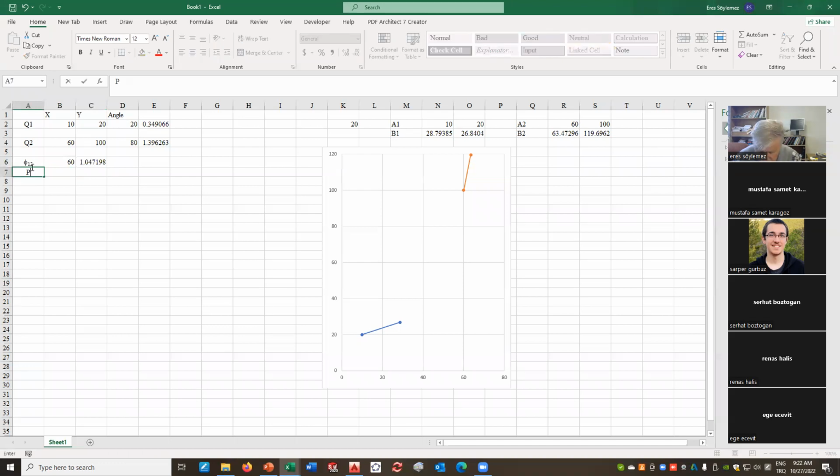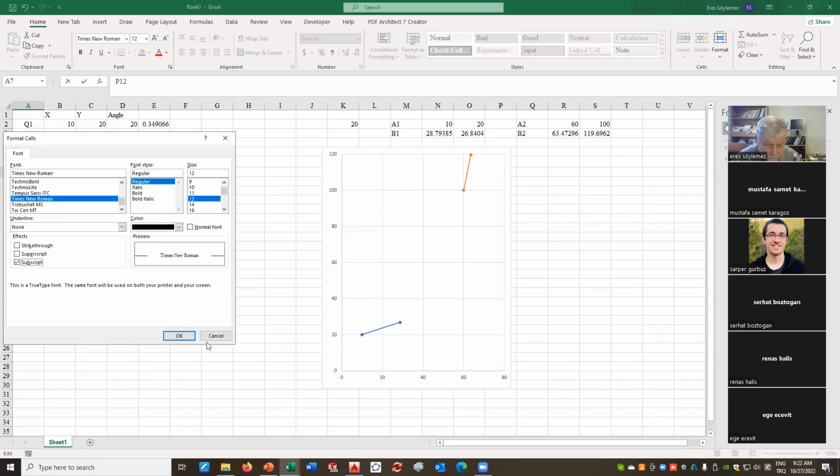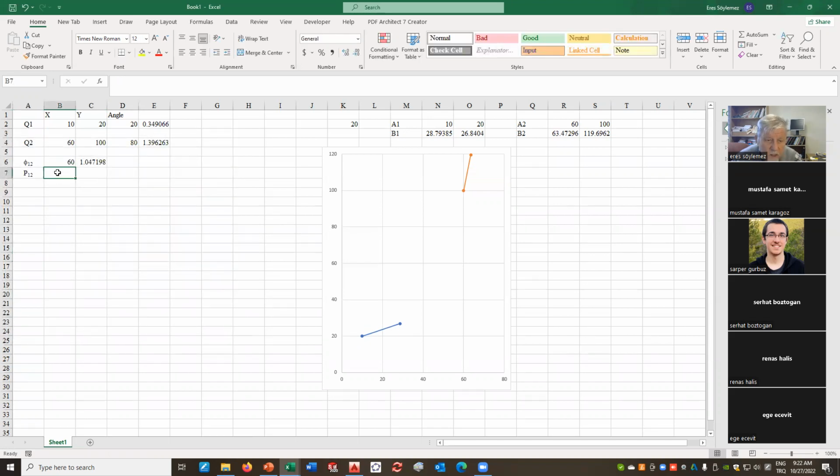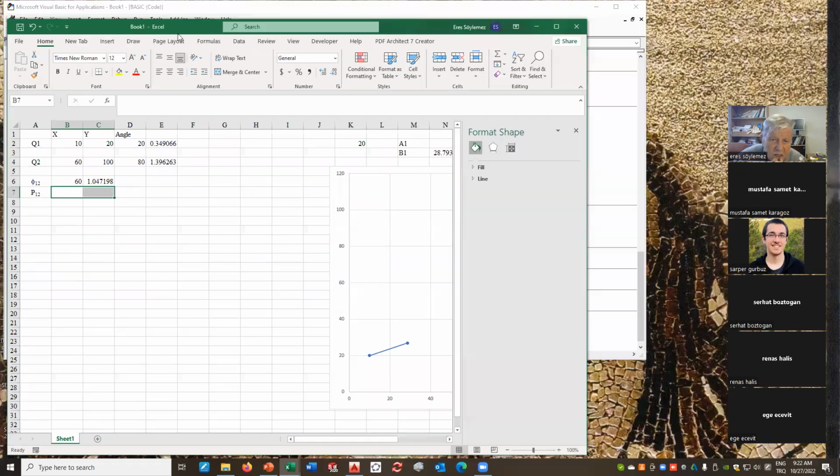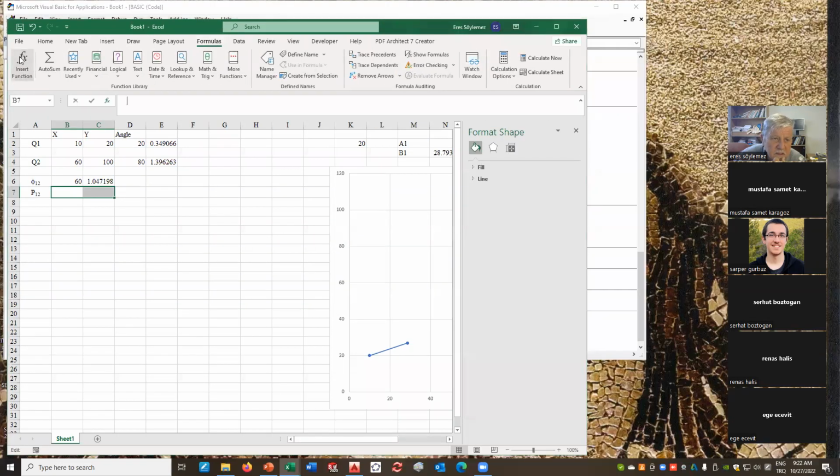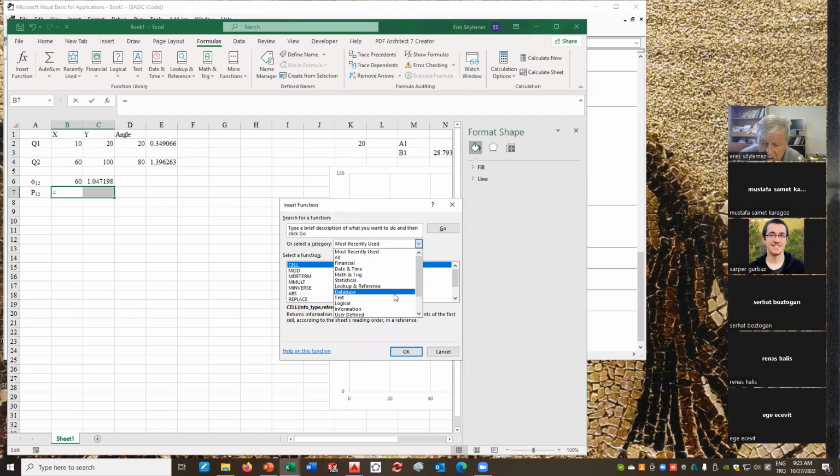P1, 2. I mark 2 cells. Okay. And formulas, user defined, go down to POP.